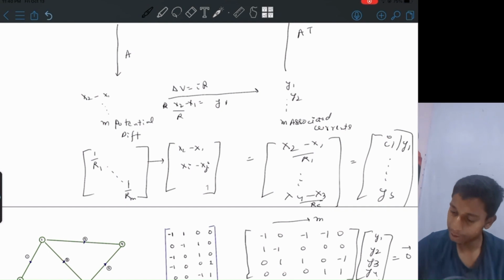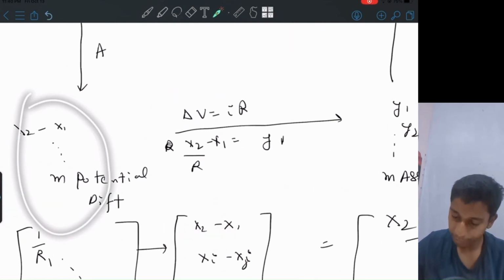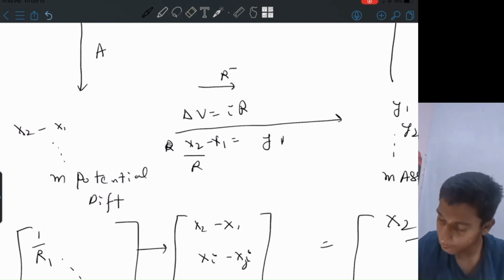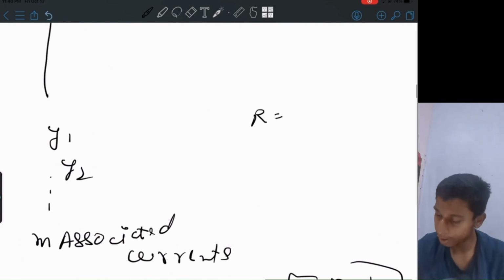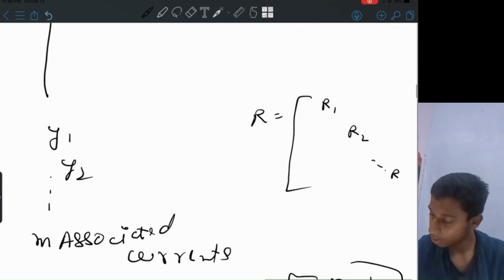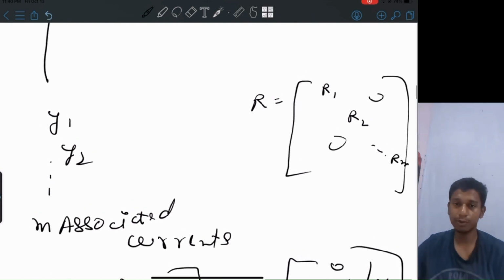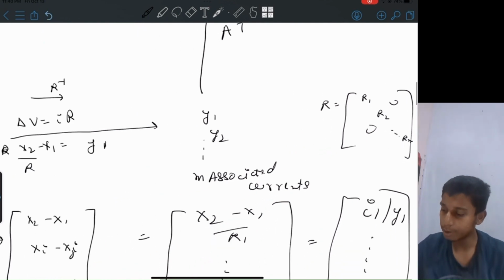So if this matrix, which contains the potential differences, is multiplied by the R inverse matrix, let me clarify what the R matrix is. R is a diagonal matrix made up of R1, R2 up till Rm, where the ith row and ith column entry is the resistance of the ith wire.